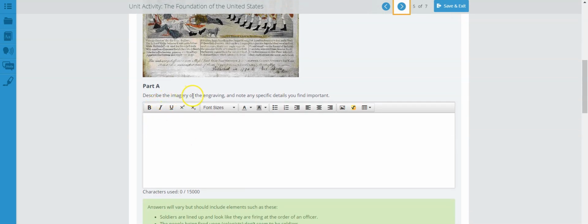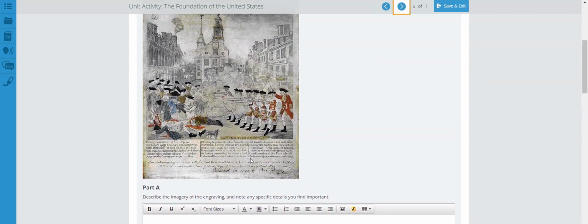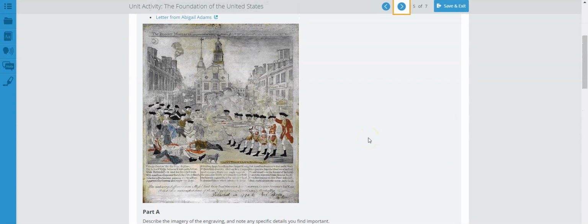Part A. Describe the imagery of the engraving and note any specific details you find. Here, your main job is to observe. You have, to the right here, a whole bunch of British soldiers, and to the left here, you have American colonists.